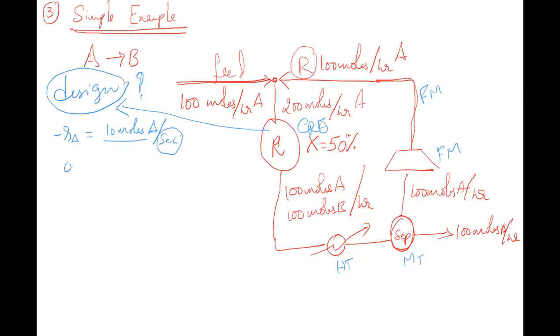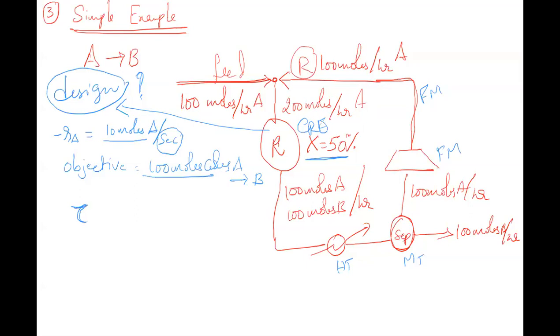What is my objective here? I need to convert 100 molecules, because 200 molecules are entering and I targeted a conversion of 50%. So my objective is that 100 molecules of A should be converted to B. Then how much residence time should I keep?